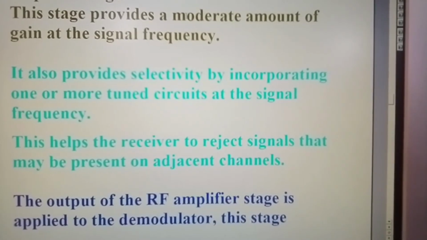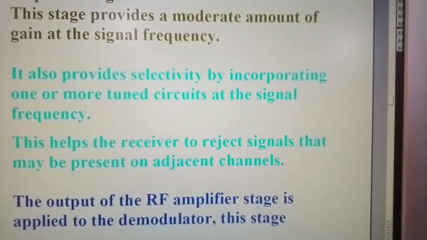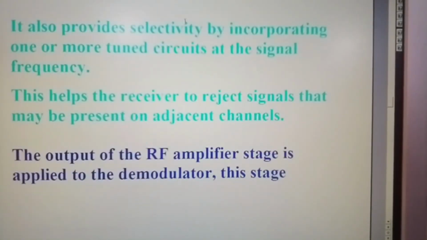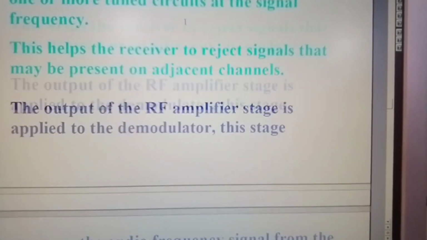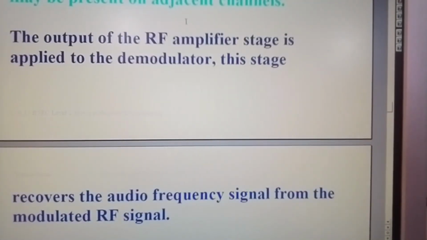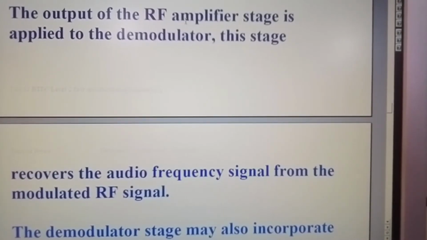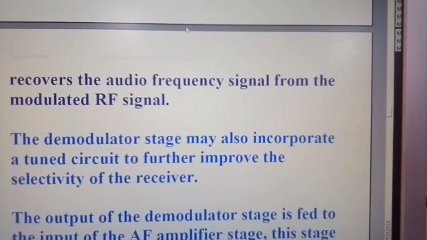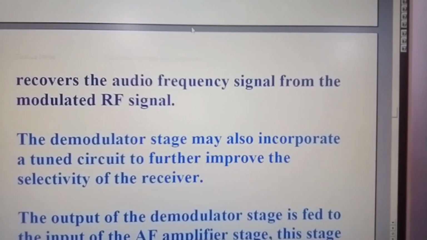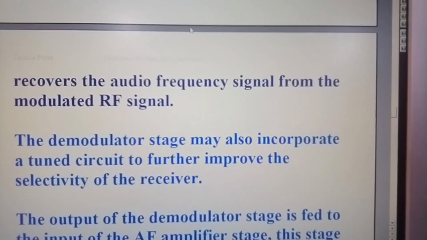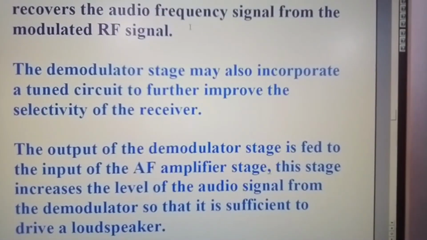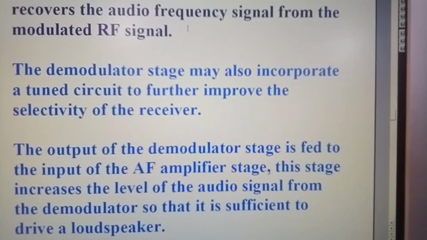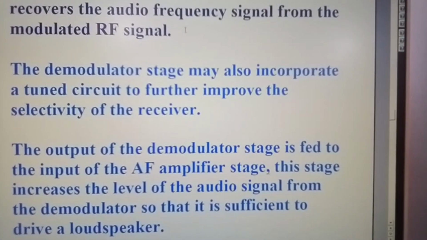The output of the RF amplifier stage is applied to the demodulator stage. This stage recovers the audio frequency signal from the modulated RF signal. The demodulator stage may also incorporate a tuned circuit to further improve the selectivity of the receiver. The output of the demodulator stage is fed to the input of the AF amplifier stage.